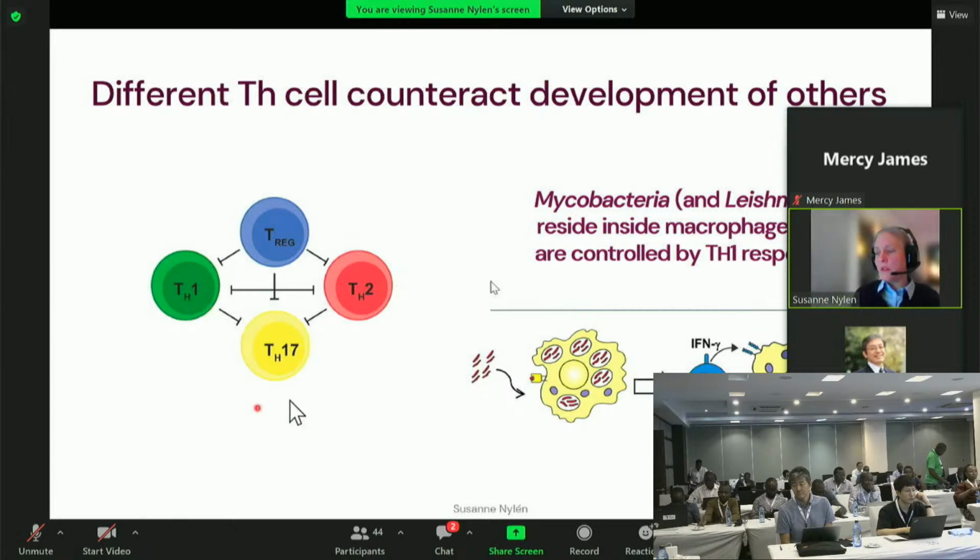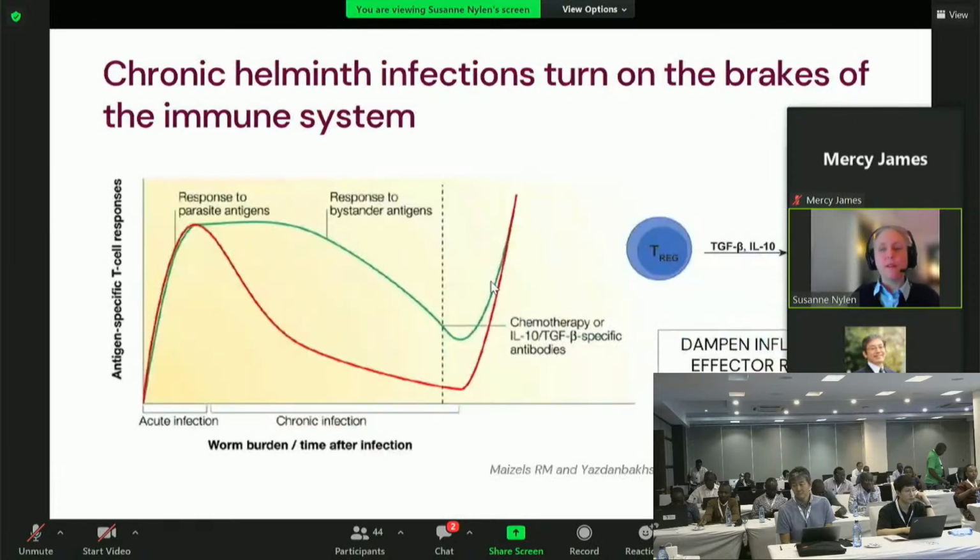And then we also have other bacteria which can be controlled by Th17. And this can be, at least theoretically, dampened by helminth infection.